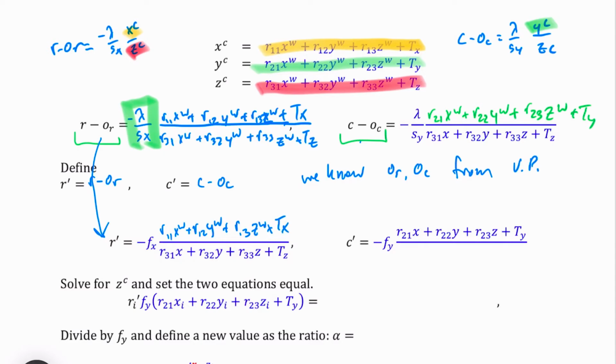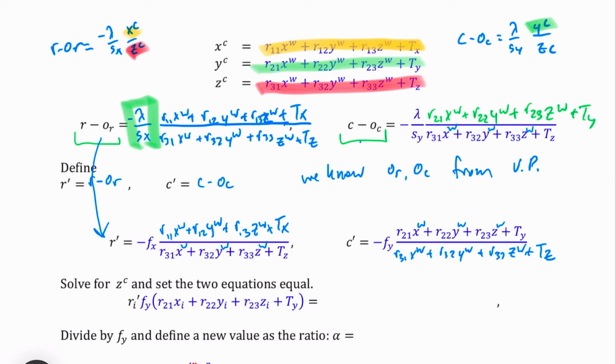And similarly over here, we've got c prime is equal to negative fy divided by our y-coordinate. I guess I should put in these w's. Divided by r31 x world plus r32 y world plus r33 z world plus tz.